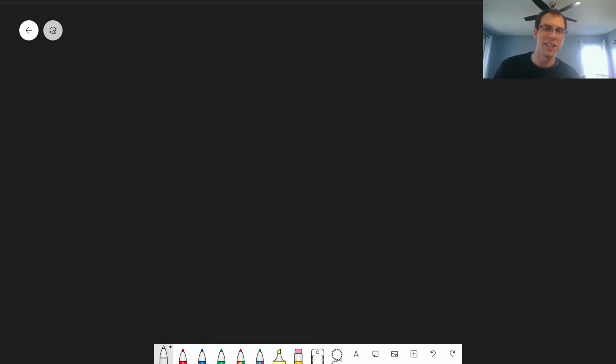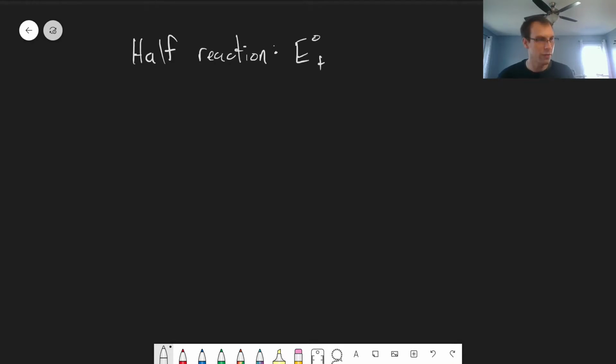In this video, we're going to look at an example of using standard reduction potentials and equilibrium constants and the relationship between them to find a new standard potential. So the basic idea here is that if we have two different half reactions that we know standard potentials of, half reaction 1, we'll have a E naught for the positive reaction minus half reaction 2, where we have the negative standard potential.